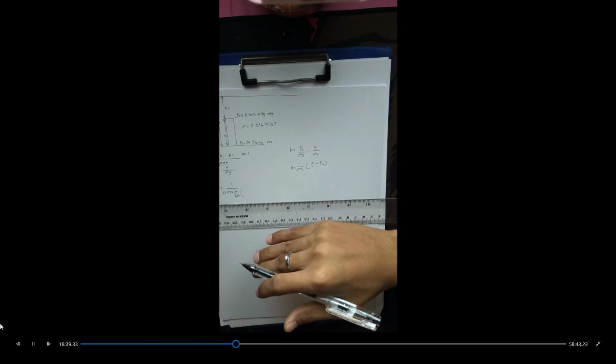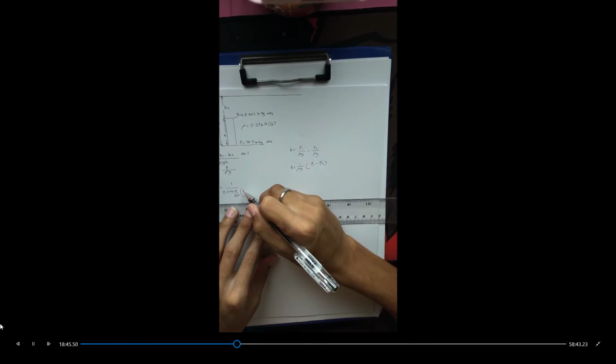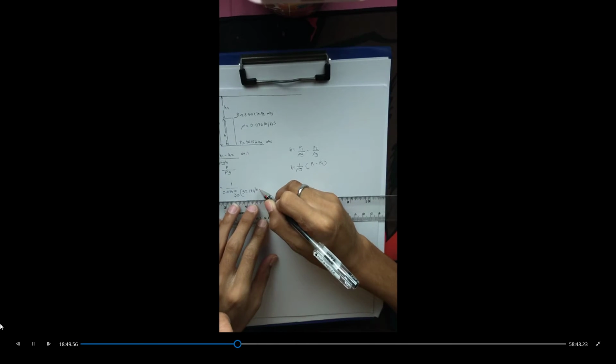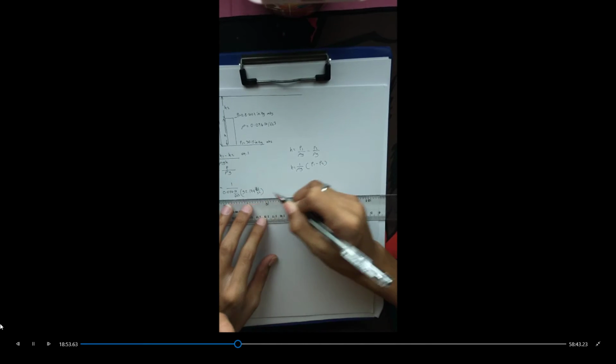So substituting that to our equation, 0.076 pound per cubic feet. And then the gravity, the value of gravity in English system, so that we'll be able to have uniformity of units. Since there is no specified value of gravity, we are going to assume that it is in standard condition. So at standard condition, gravity is 32.174 feet per second squared.